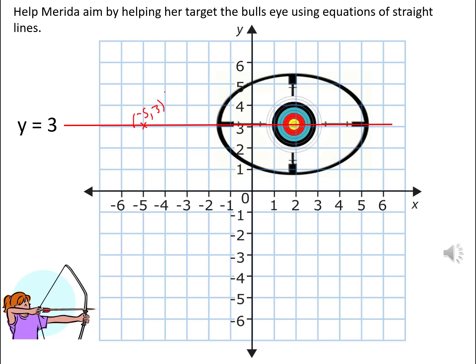That's the y coordinate, and here's the x coordinate here. Let's choose another one. X here is -3 and y here is 3, and let's choose one over here. X is 6 here, y is 3. Now it's called the line y equals 3 because can you see every point on this line the y coordinate is 3.